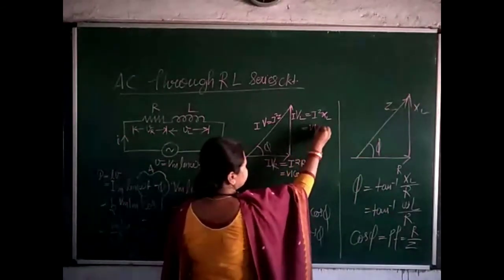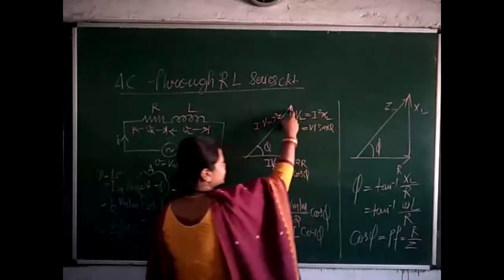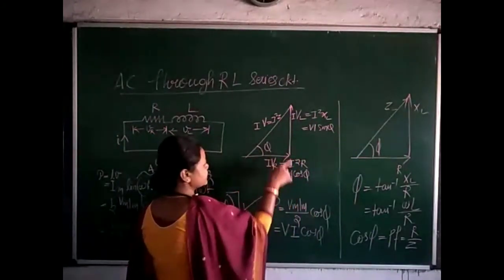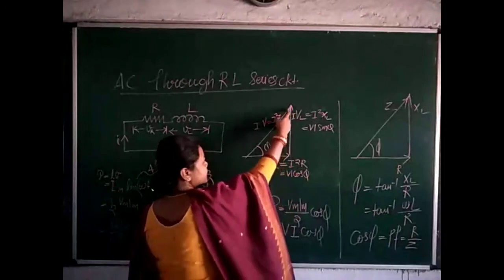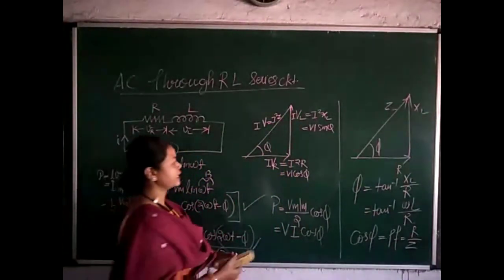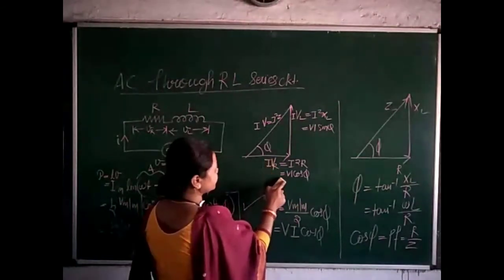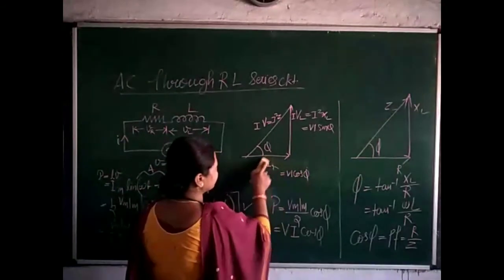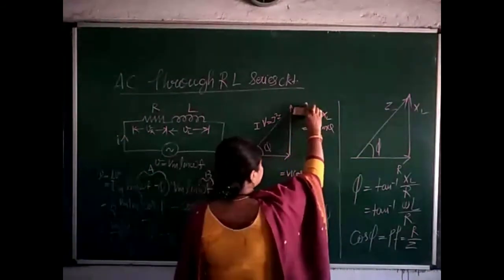This one as VI sin phi. This perpendicular is hypotenuse into sin phi. Base is hypotenuse into cos phi, whereas hypotenuse is V into I. Now I erase all these equations, only these equations I kept.